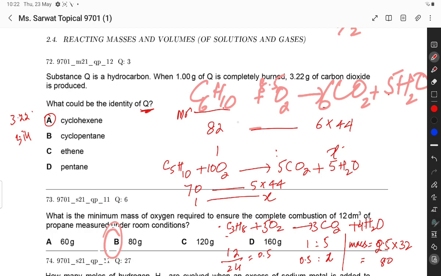So we know that from this chemical equation 82 gram produces 6 times 44. So what would be the mass of carbon dioxide when 1 gram of cyclohexene reacts with oxygen? By using cross multiplication we get 6 times 44 divided by 82.